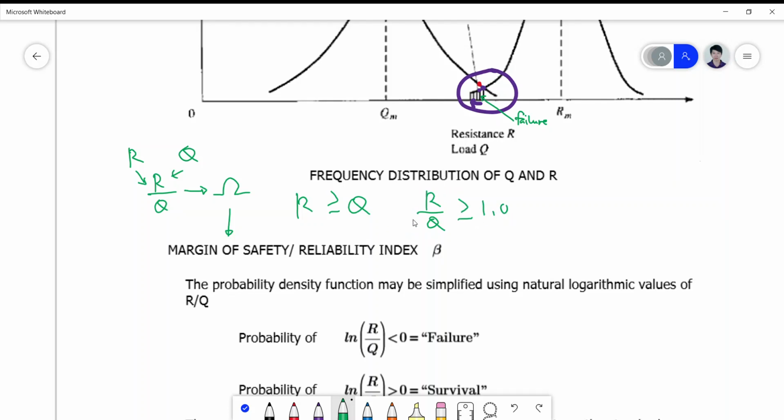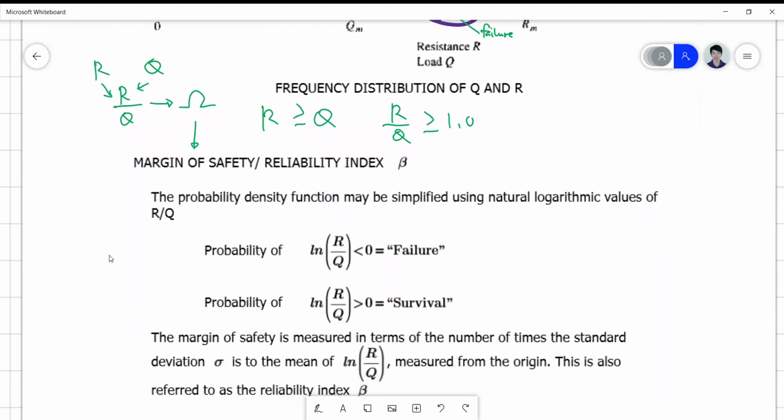For a safe argument on R and Q, we need to be sure that the ratio must always be greater than 0, or else there is no margin of safety that is placed specifically for a certain beta index.